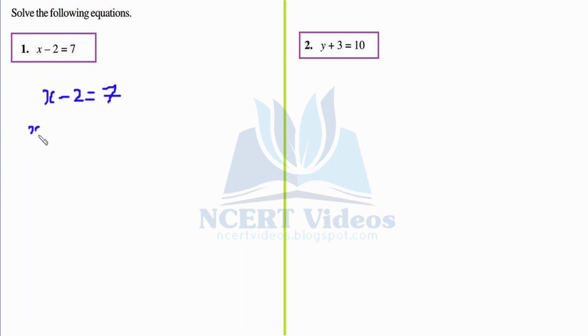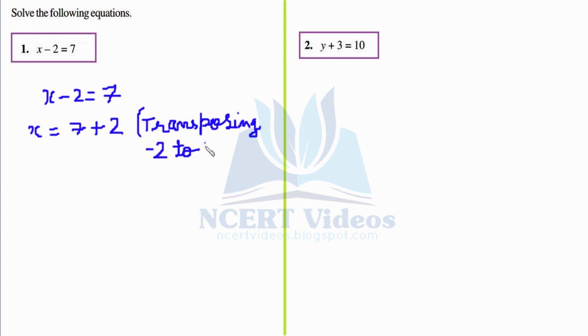Therefore x equals 7 plus 2, and the reason is transposing negative 2 to RHS. This is our reason. That means x is now equal to 7 plus 2, which is 9. So this is your required solution.